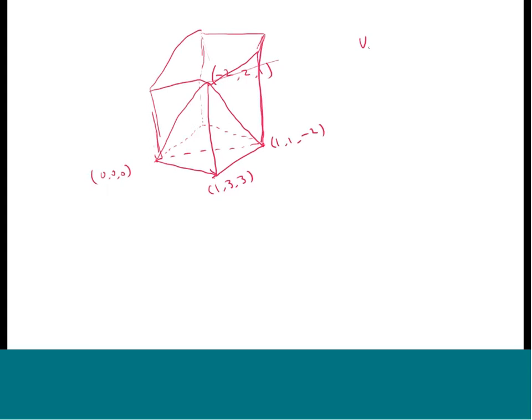The relationship between the tetrahedron and the parallelepiped volume is 1/6. Is the top of the tetrahedron also the top of the parallelogram? Yeah, so it's like half of the pyramid, right?